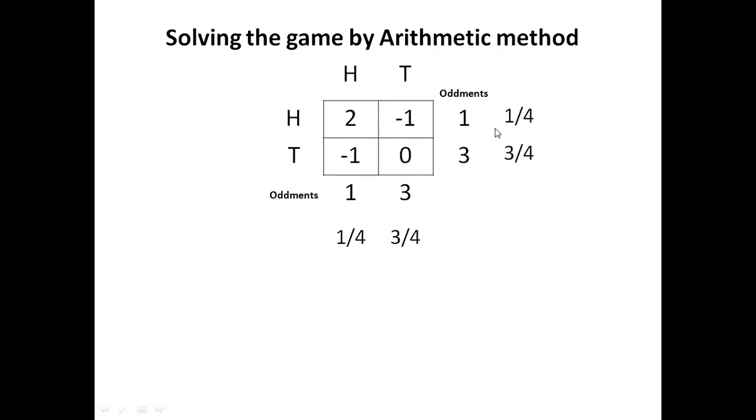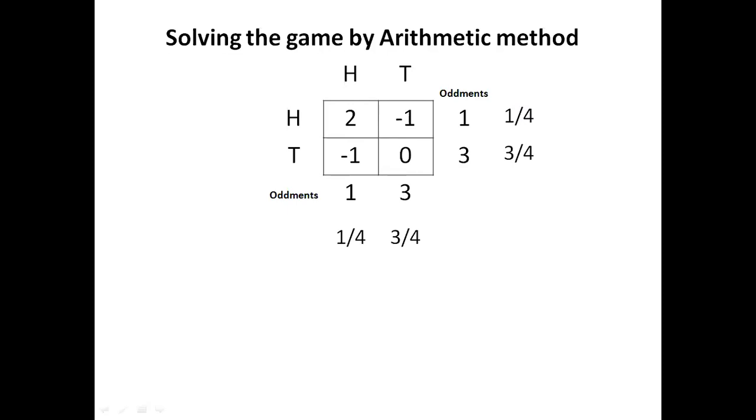Okay, so these are the strategies. This is the proportion of the strategies with which player A and player B, or player 1 and player 2, are playing. Please remember, this is the optimum strategy. Suppose if there was a pure strategy, then only one strategy with 100% would be played by player A and player B. But here it is a mixed strategy. They are going to use two strategies here.